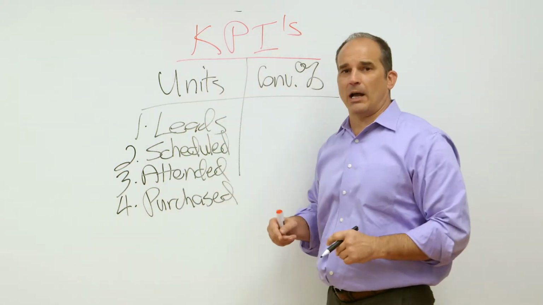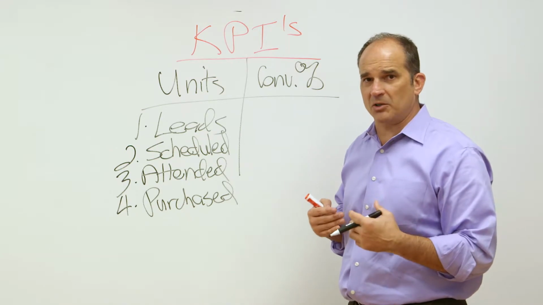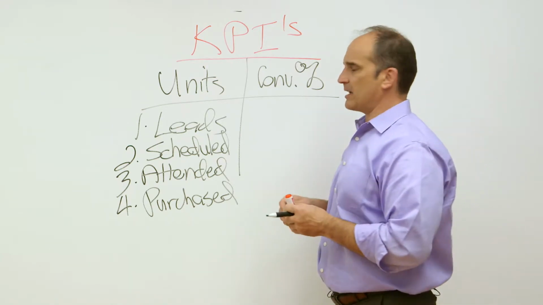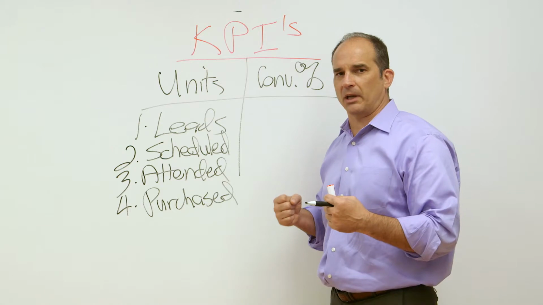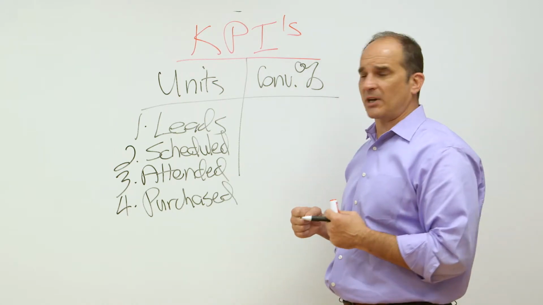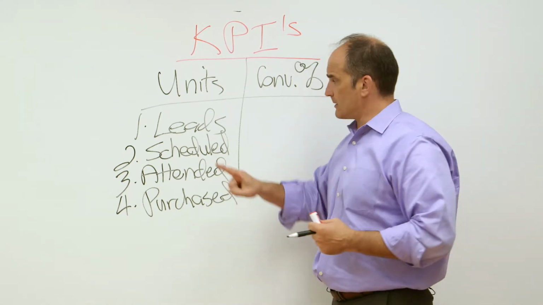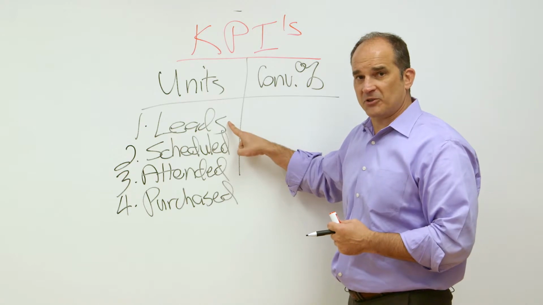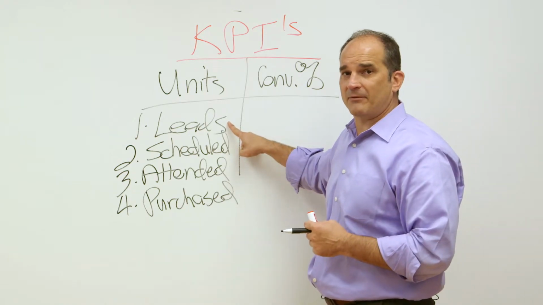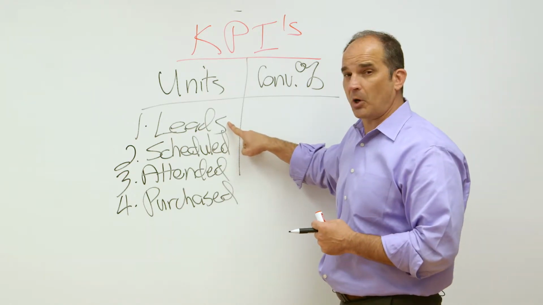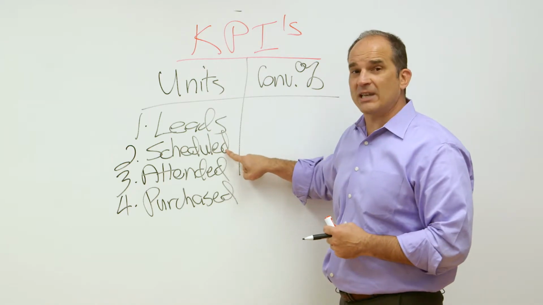So, unit-wise, for the very simple math that I'm going to use with my team every day to understand in a minute or less how we're performing in regards to our patient acquisition process, I need to know 4 things. Leads, first name, last name, phone number, procedure of interest that I got from my phone or email from my marketing. How many of those scheduled?